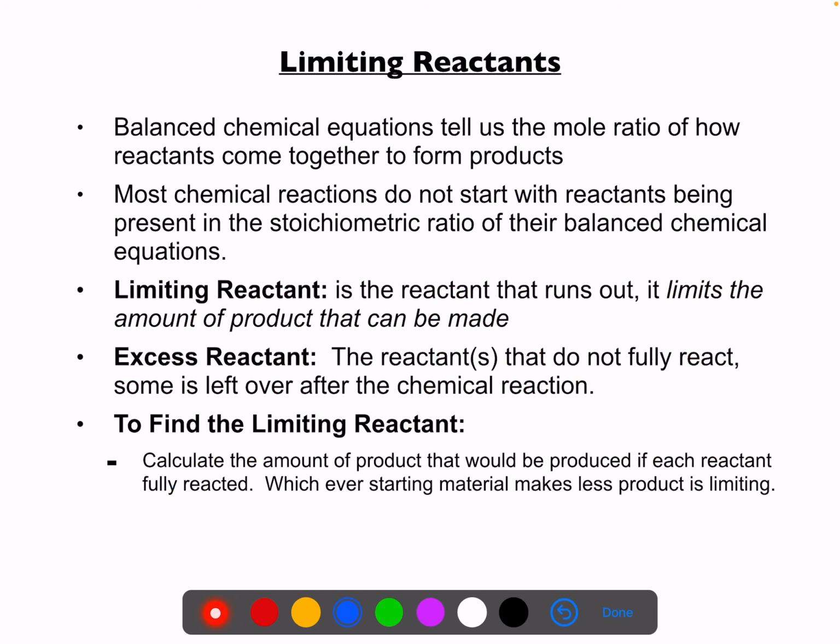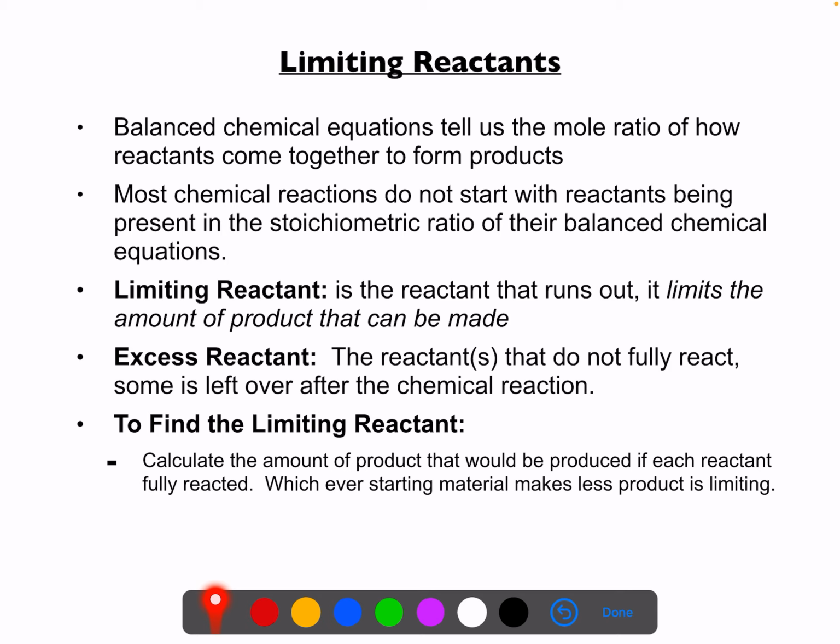When we think of limiting reactants, there are a couple of things to take note of. The balanced chemical reaction tells us the mole ratio in which things come together. That's not the ratio in which we add things in a lab. That's just the ratio in which they react. Most of the time, we're not going to mix things in their stoichiometric coefficients.